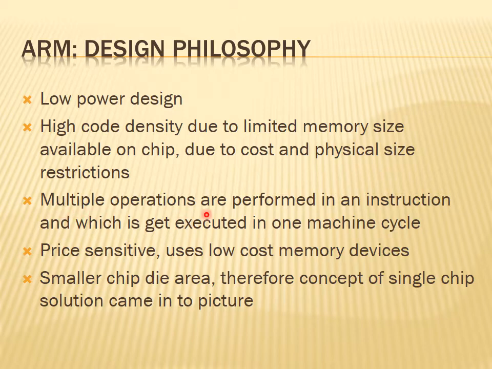In this case, multiple operations are performed in an instruction, which gets executed in one machine cycle. All the instructions should be executed in one machine cycle, and at the same time it will perform multiple operations also. So they want to make it very fast and improve the speed. For that purpose, instructions must be executed in one machine cycle. That kind of architecture they were thinking about.